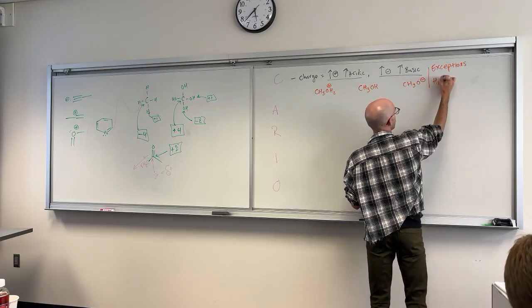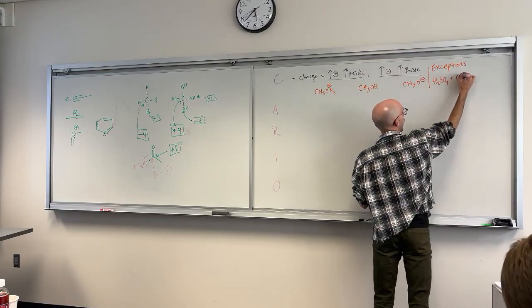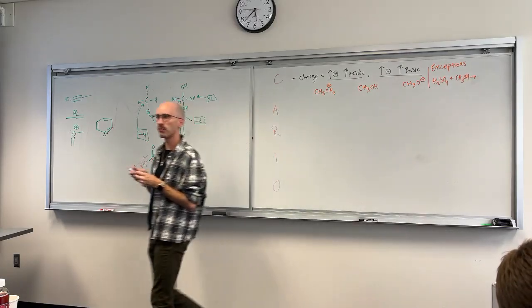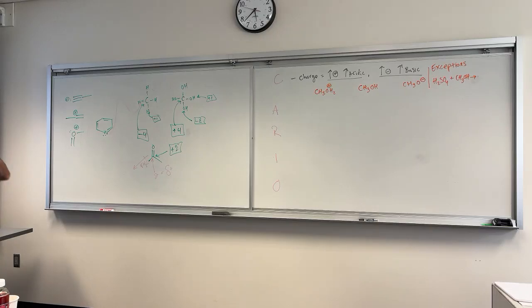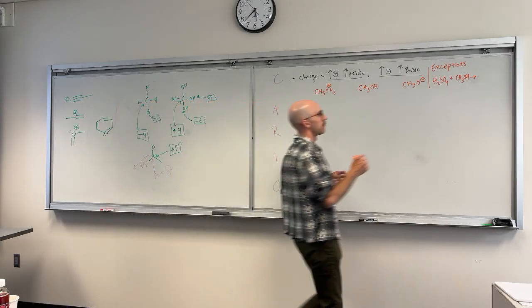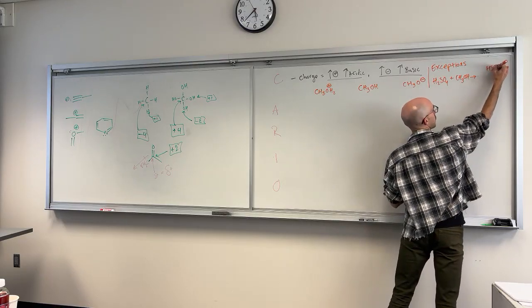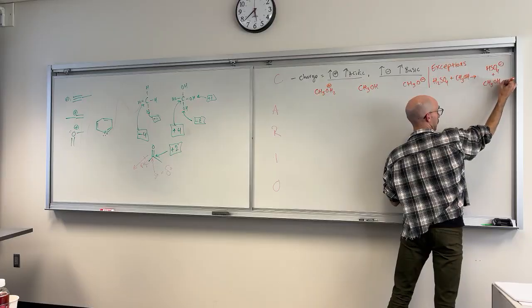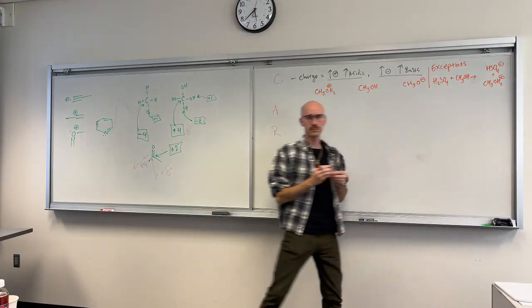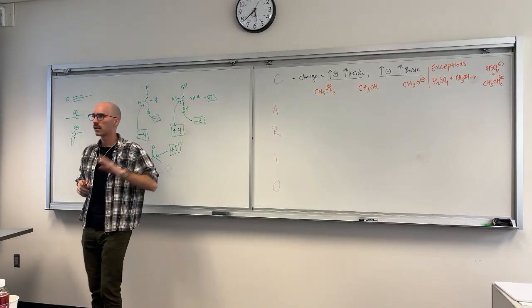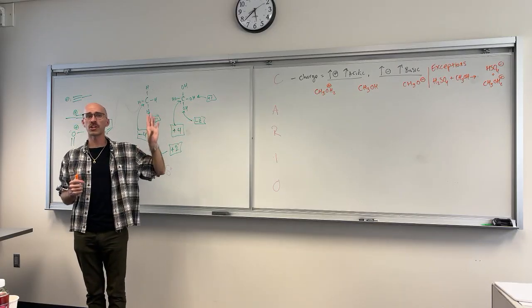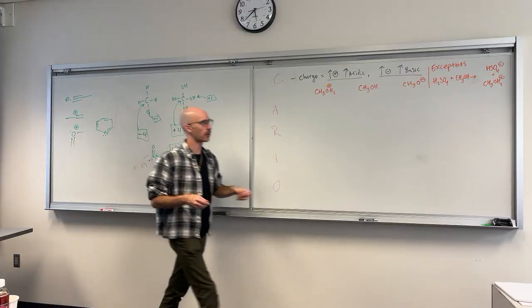Now there are exceptions. For instance, if you take sulfuric acid and methanol, because they have the same charge, you may say that neither of them is a stronger acid than the other. But the products of this reaction, which is bisulfate and protonated methanol, the products are favored. The reaction prefers making protonated methanol.